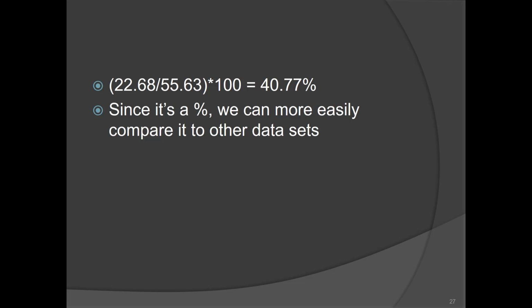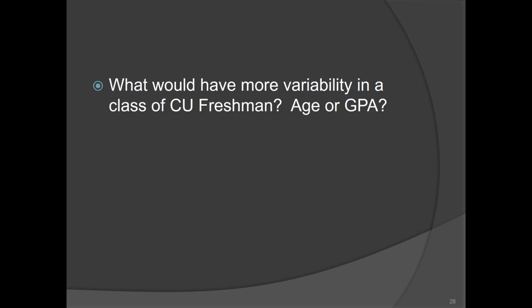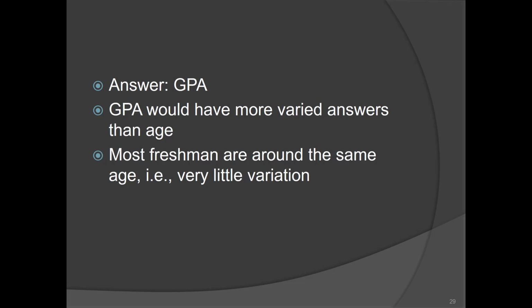And since it's a percent, we can more easily compare it to other data sets. And what would have more variability? Like I mentioned before, age or GPA. For CU freshmen, it's definitely going to be GPA, because most freshmen are around the same age.